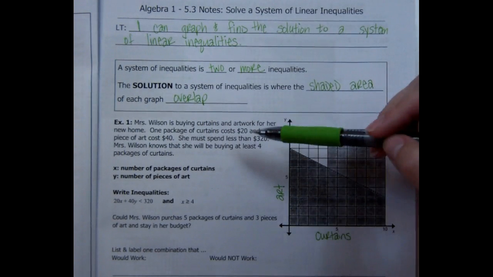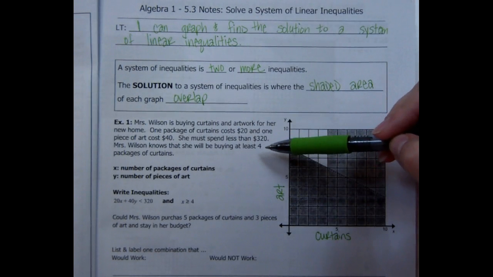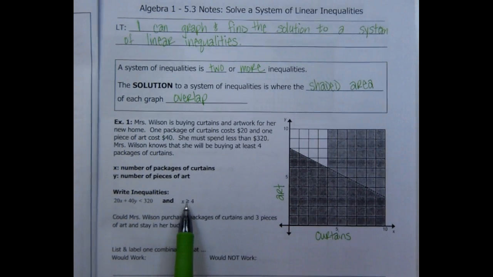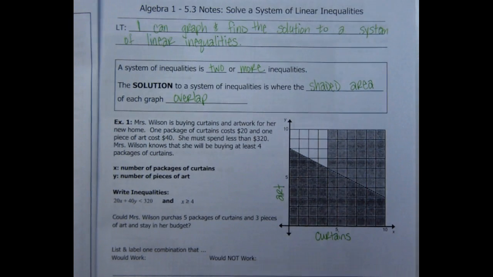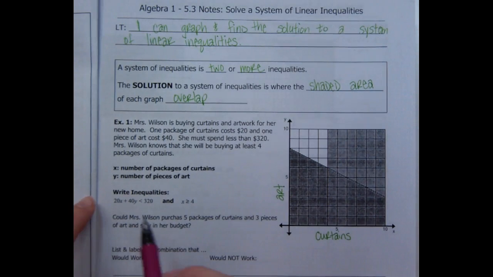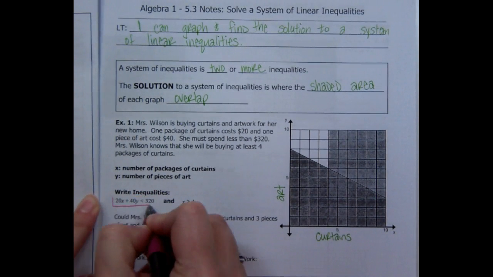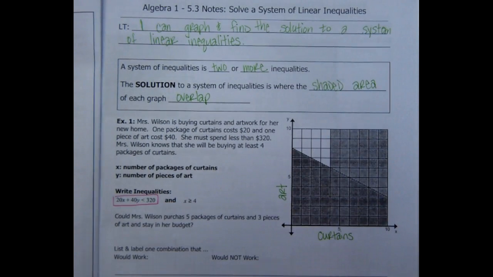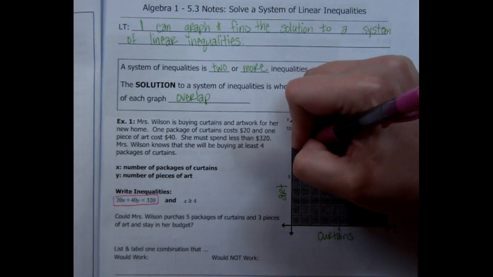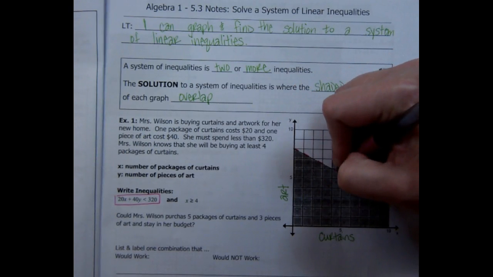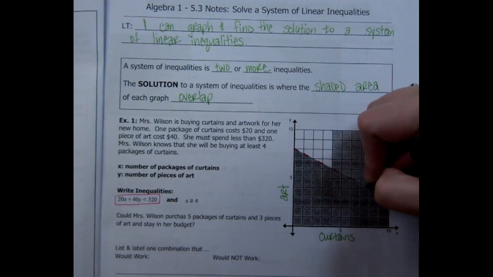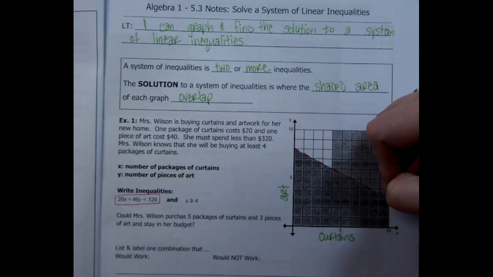And then our other inequality comes from the next sentence. Mrs. Wilson knows that she will be buying at least 4 packages of curtains. So my curtains, my X, has to be greater than or equal to 4. At least. So this one right here is this inequality right here. It's kind of hard to see. If you look really closely, you can see that that is a dashed line. So I'm going to go over it with a dashed line.